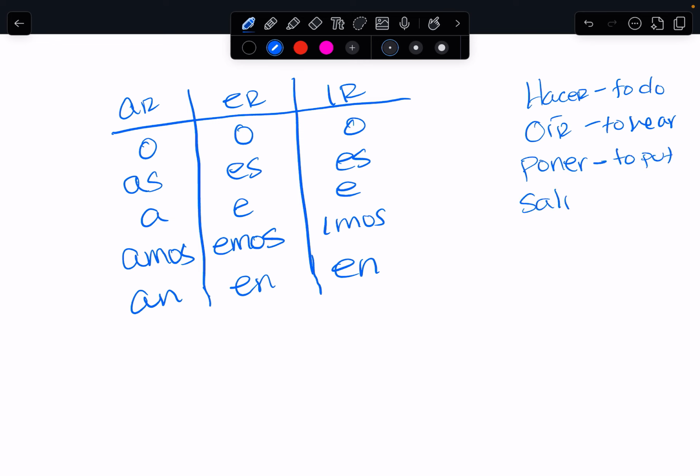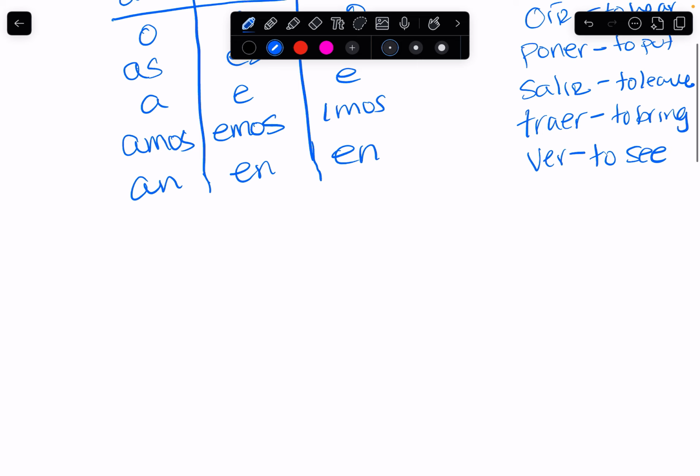Salir, to leave or to go out. Traer, to bring. And ver, to see. Okay, so this first section goes over these and how they're conjugated.